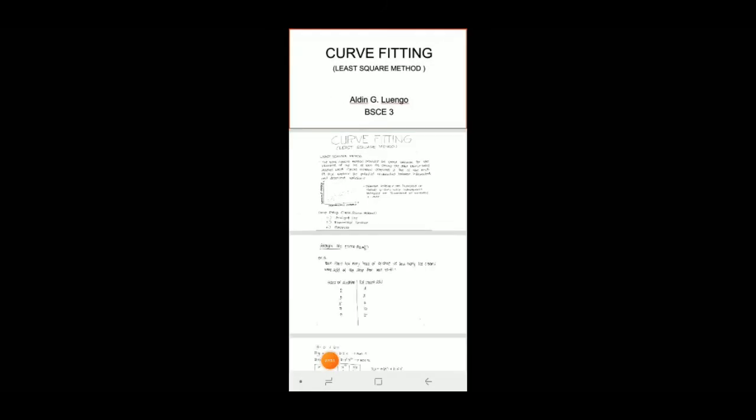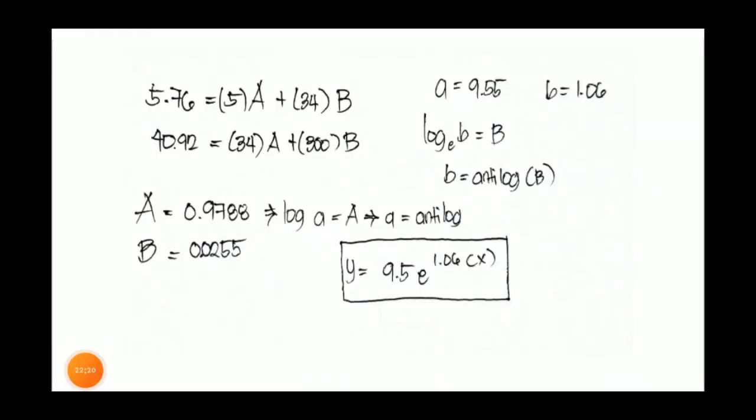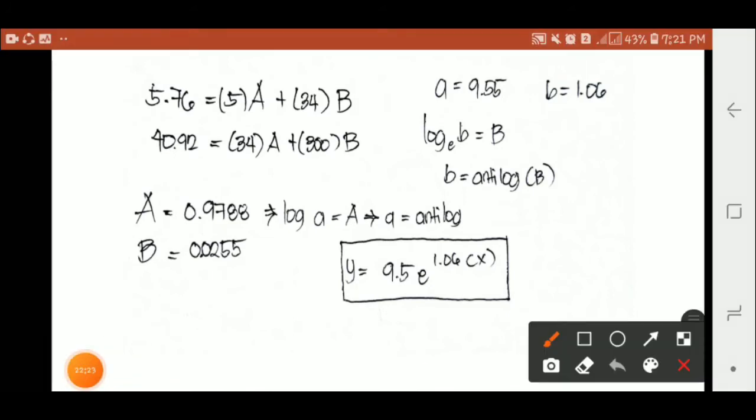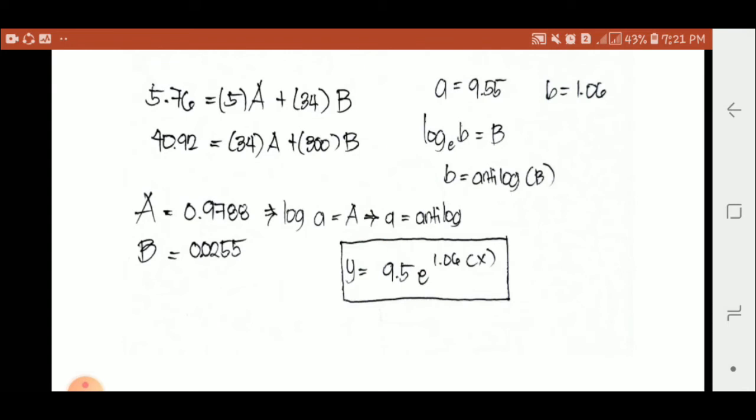So now you have the value of your required equation in exponential form, which is y equals a times e raised to bx, where a is 9.55 and b is 1.06. Then x is the value of your independent variable used to predict the value of the dependent variable.